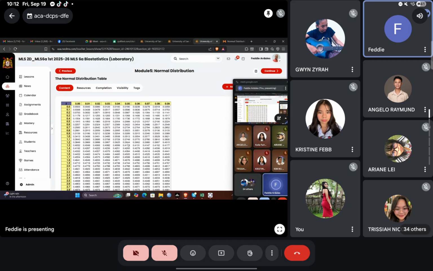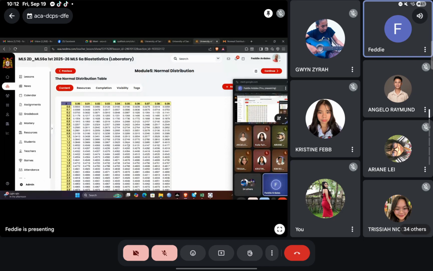So if you are using this type of table, when you are computing the values of z or probability, all you have to do is add 0.5. This will give you 0.8944, so it becomes the same as in the other table.